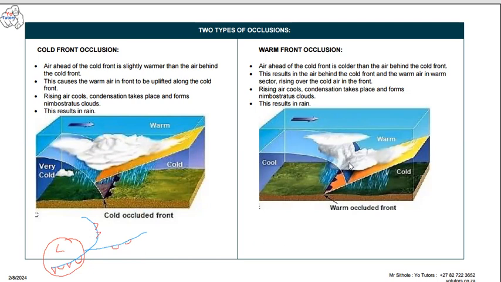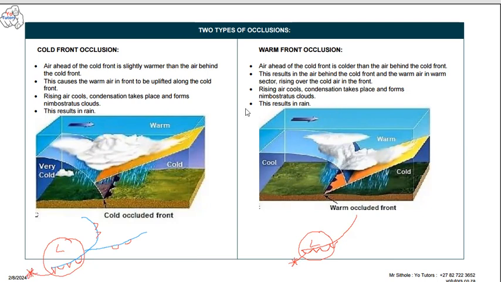What about warm front occlusion? Here we see that on the center, on the low pressure cell, the last part there is actually the warm front. The sign for the warm front is on the center, followed by the cold front. That shows that it's a warm front occlusion.